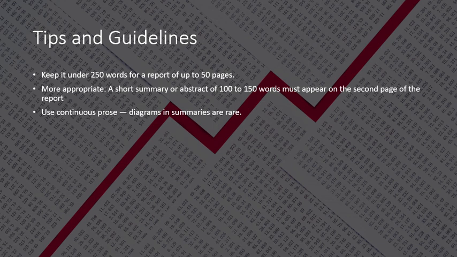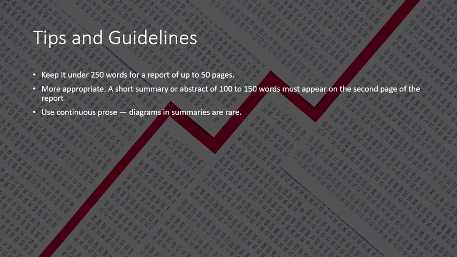So, some important tips or guidelines when you are writing the abstract. Keep it under 250 words if the report is up to 50 pages. So 250 words is like one paragraph. That's it. If you can make it even smaller, 100 to 150 words, and it will appear on the second page of your report.